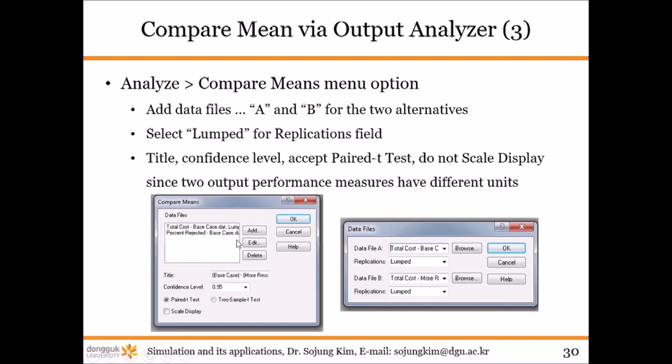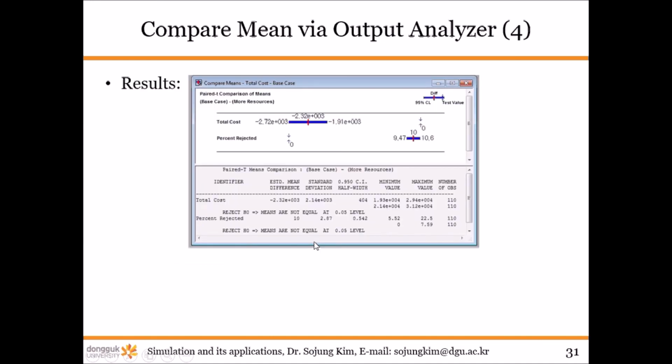But in order to do that, initially you have to add the data files which have the total cost, and then select Lumped for the replications field. Then click OK and go back to this menu, choose the paired t-test and the confidence level, and click OK, then you will see this kind of result. All right?